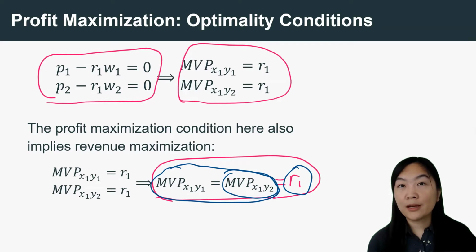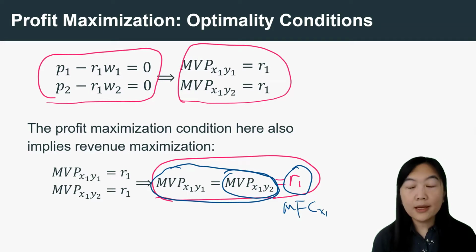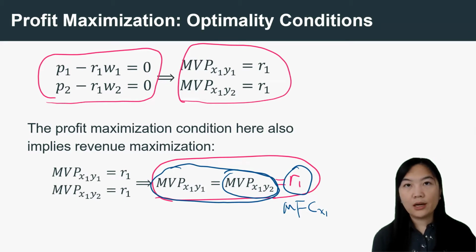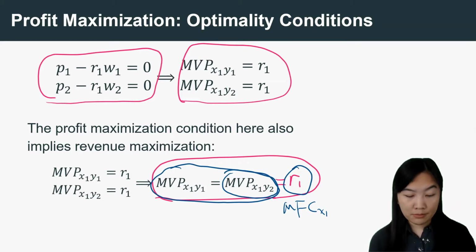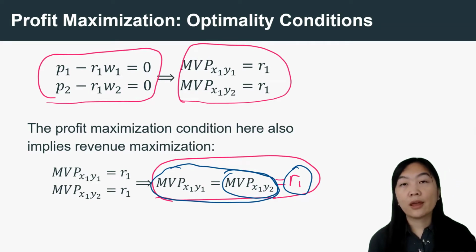R1 is the marginal factor cost of X1. Under perfect conditions in the input markets, the marginal factor cost is equal to the price of the input. So that's the linkage between the revenue maximization and the profit maximization.